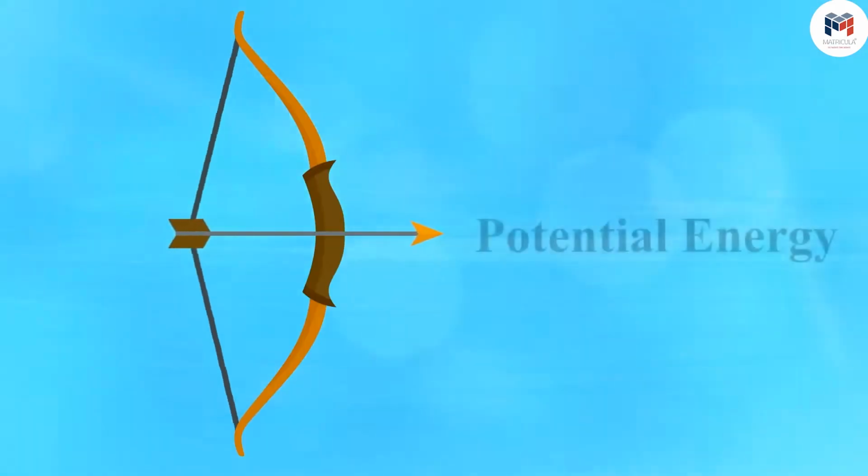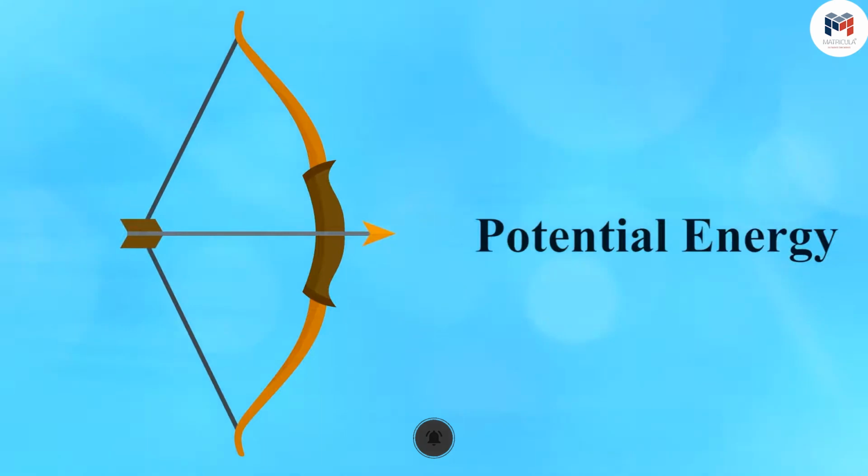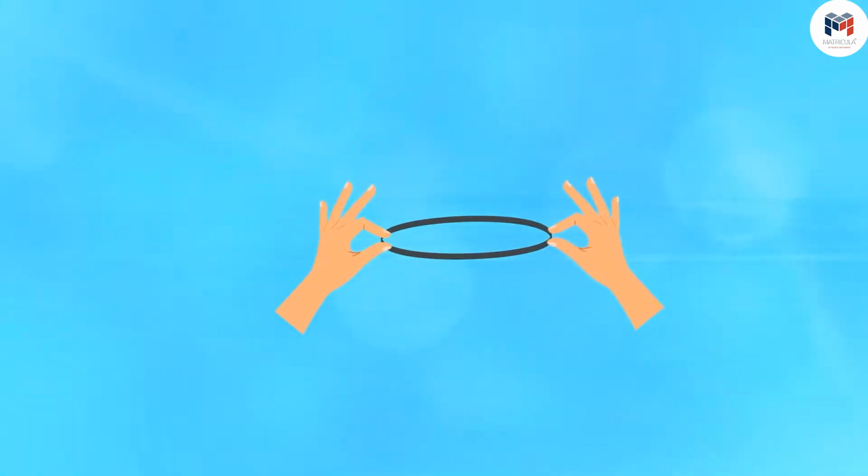Now, let us have a look at some simple examples to understand potential energy. Hold a rubber band in one hand and pull the band with the other hand. The rubber band will get stretched. Now, release the rubber band from one end and you will see that the band returns to its original state.